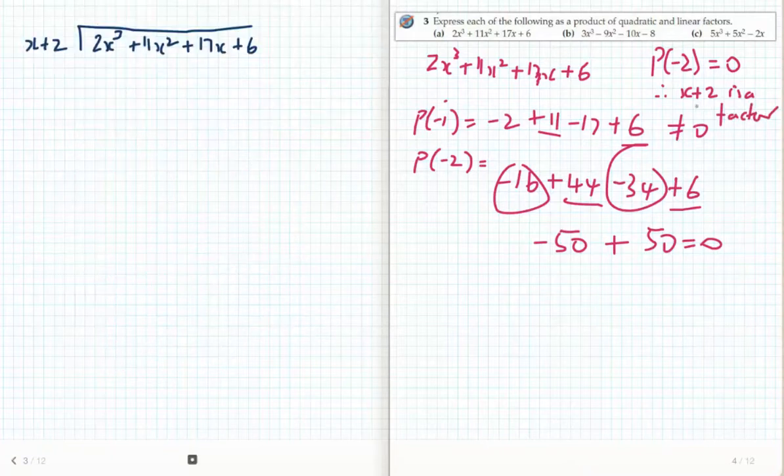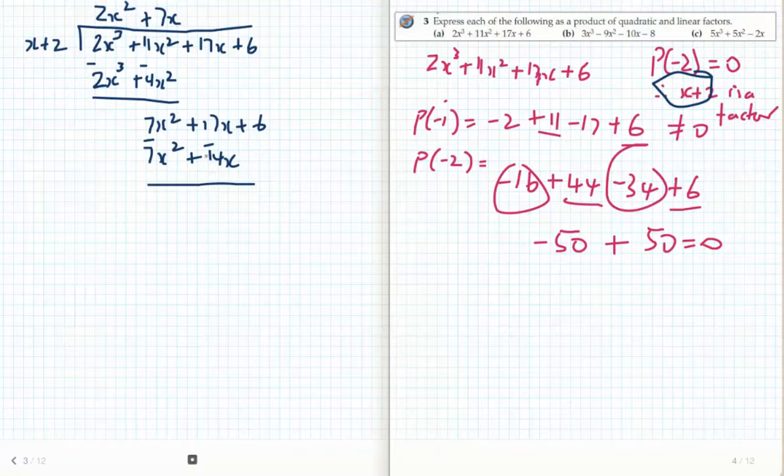So since x plus 2 is a factor, if I divide x plus 2 into the cubic, then I should be able to find the other factors, and that's what I've got over here. So I've got x goes into 2x cubed, 2x squared times. I'll continue this.